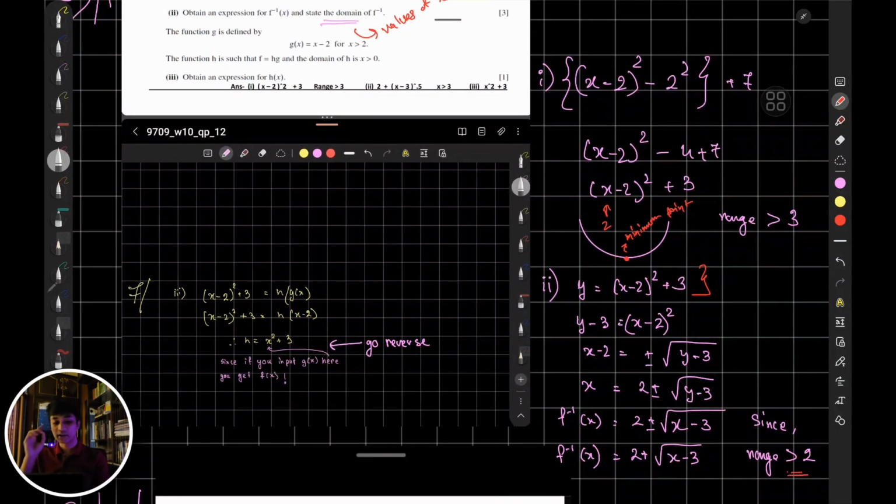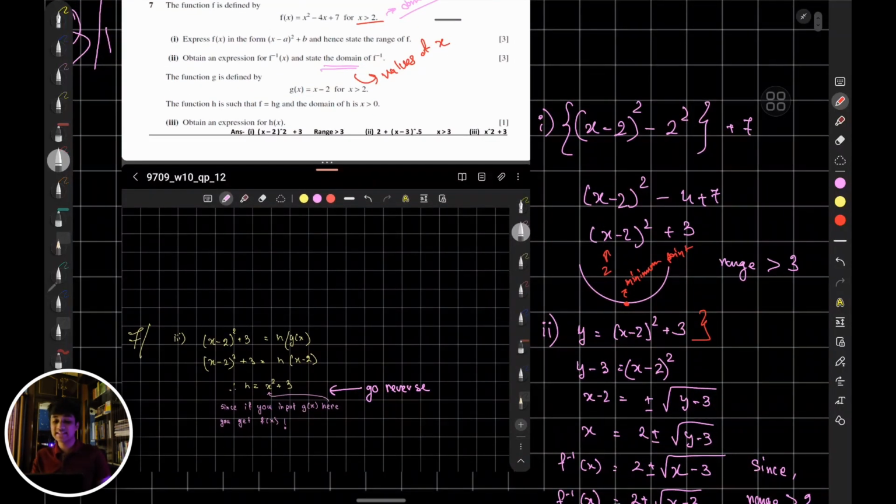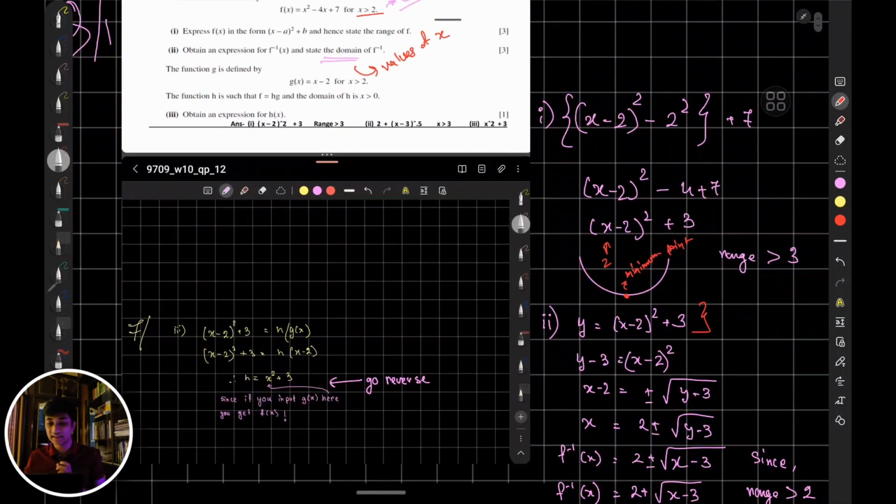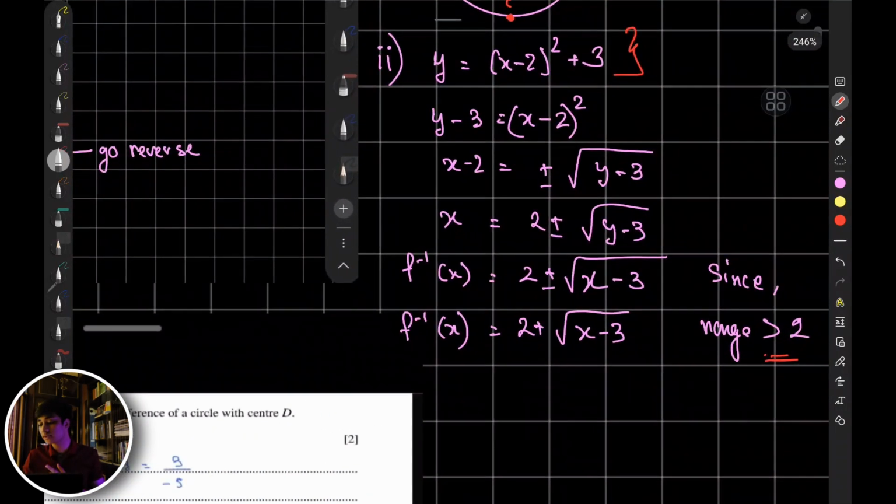What you should already know is that the domain of your function is going to become the range of your inverse function. So if x greater than 2 is your domain for your normal function, then your range is going to be greater than 2 for your inverse function. You should already know this.